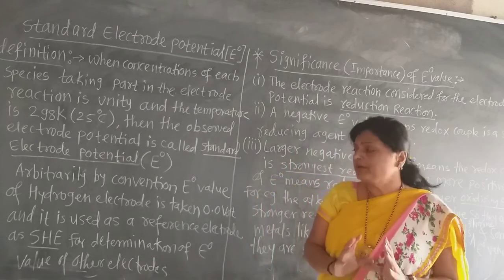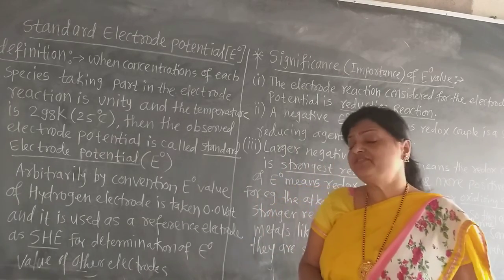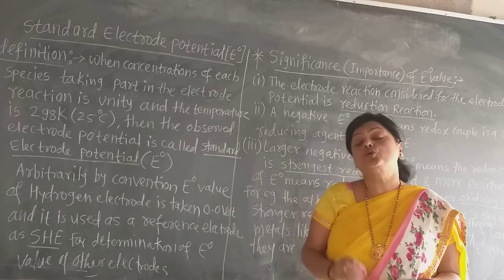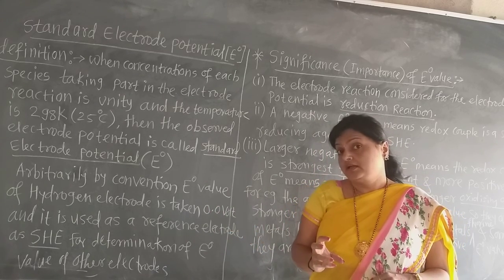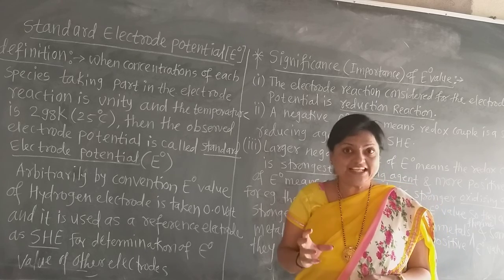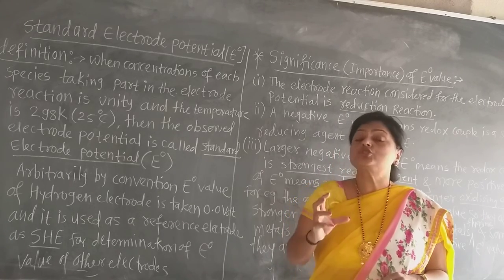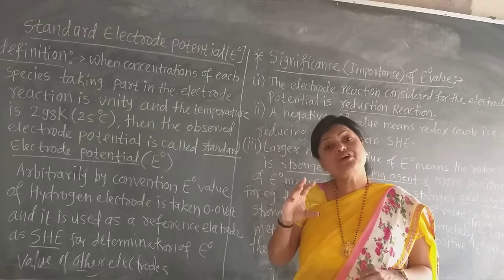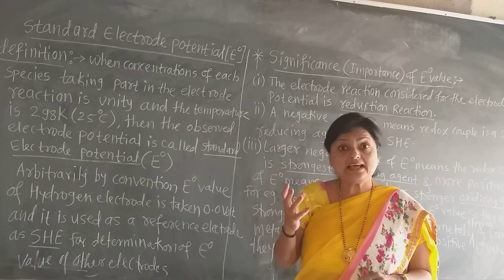Now, arbitrarily by convention, the E0 value of the hydrogen electrode, which is the gas electrode, and the solution of H plus ion, that is a 1 molar solution of HCl.